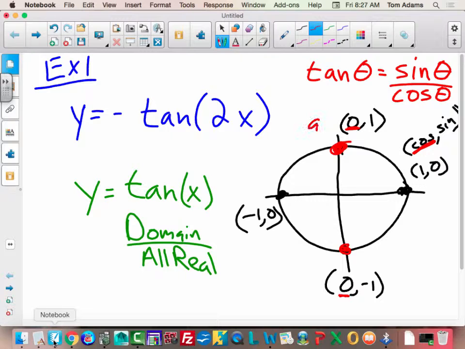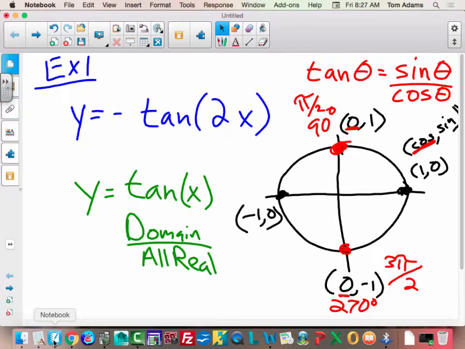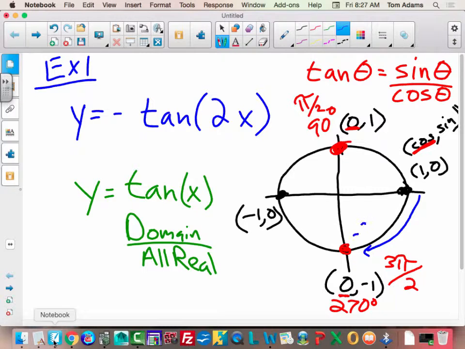Now what angles does that occur at? It starts at 90 or pi over 2. And then over here we've got 3 pi over 2. And what is this angle here? This is 270, right? Or -90. I'm actually glad that you said that. He said or -90. In other words, if I rotate around this way, that would be -90 degrees or -pi over 2.